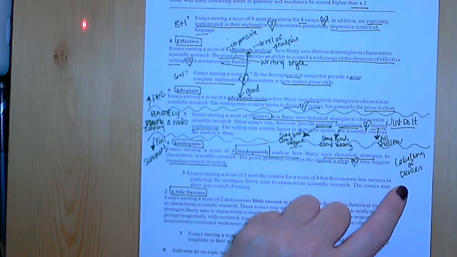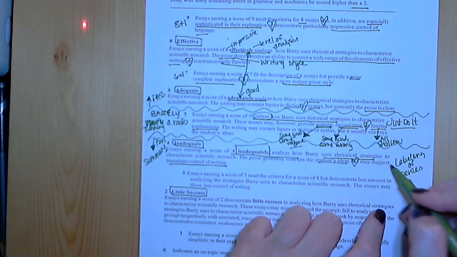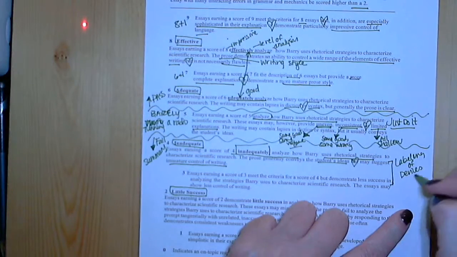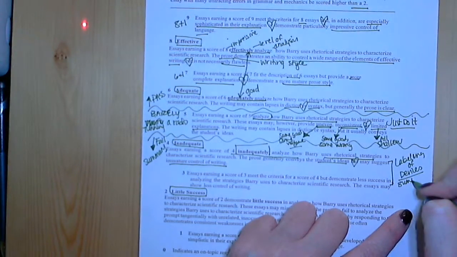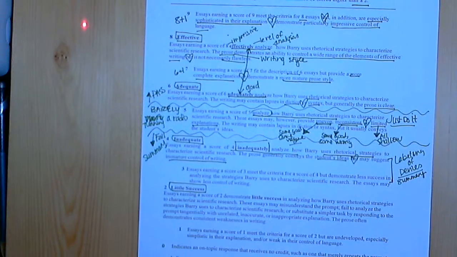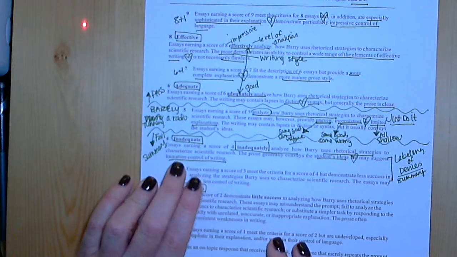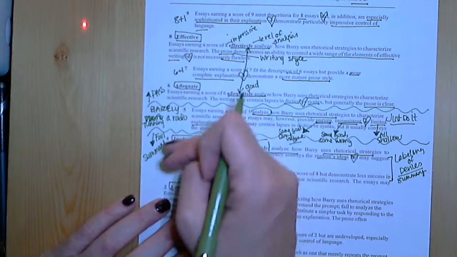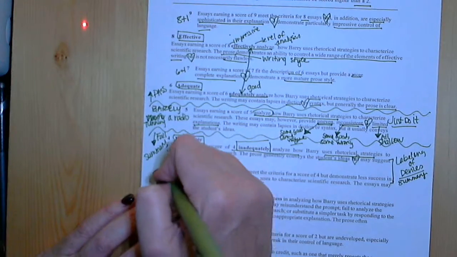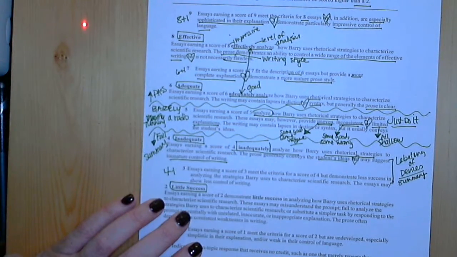Between the 4 and the 3, you're going to see labeling of devices and then summary that follows, but not much else than that. And then again, it's also immature writing. So if we were moving up the scale at a 6 plus 1, here we're going at a 4 minus 1 to get to the 3.